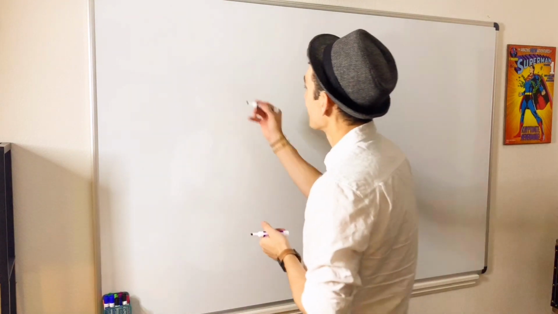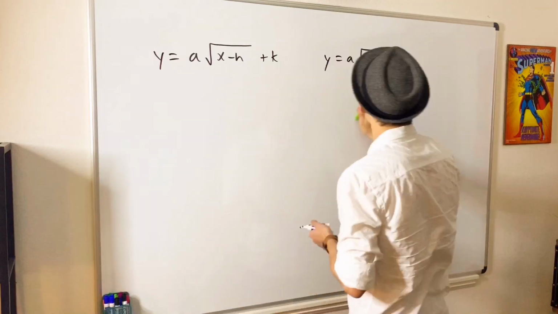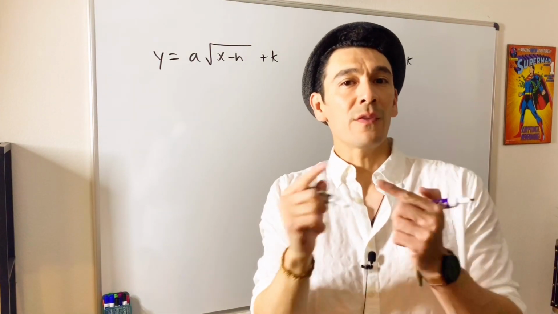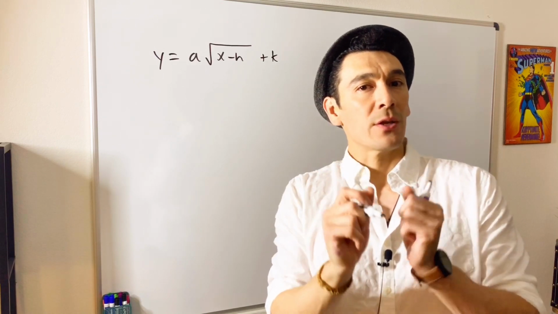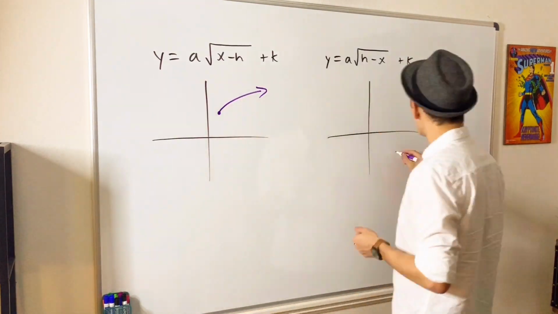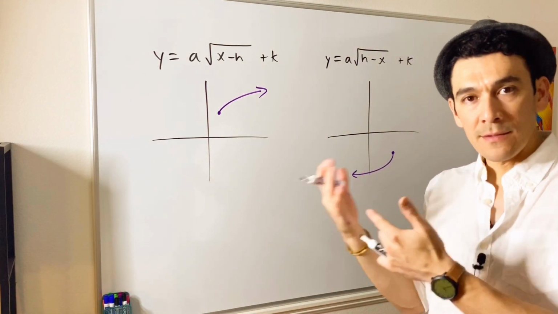Now let's look at the square root family. So these are the two variations, but which one looks like which? So this is the form that they could take. This is what they could look like.